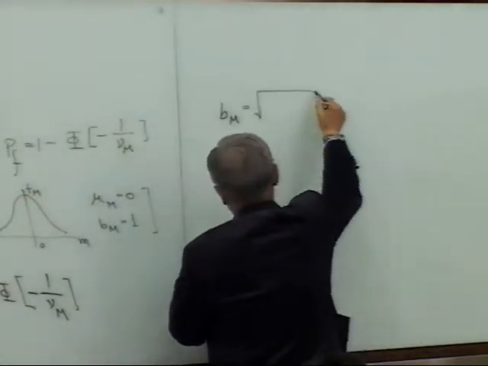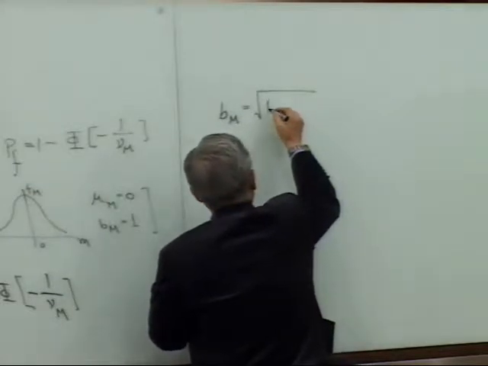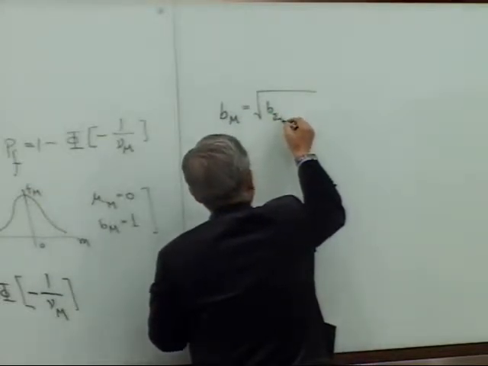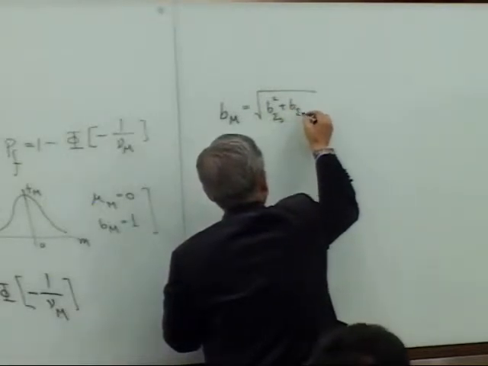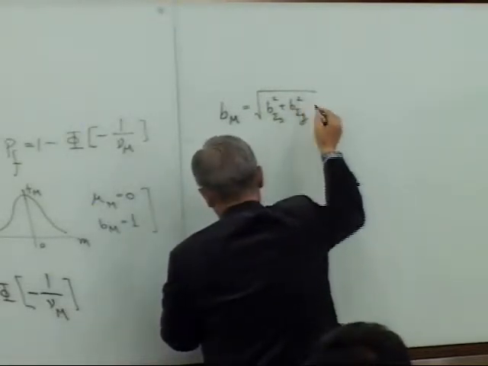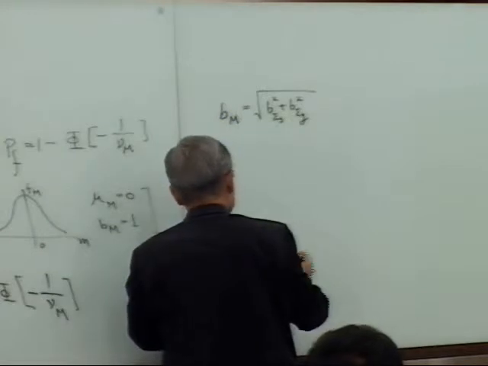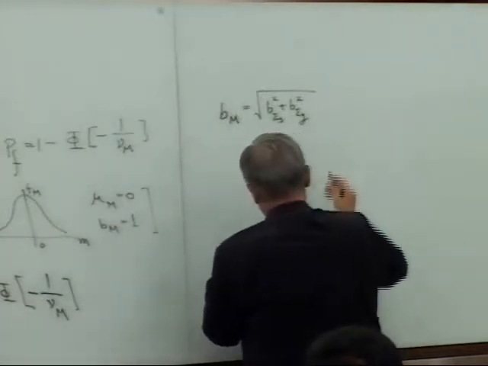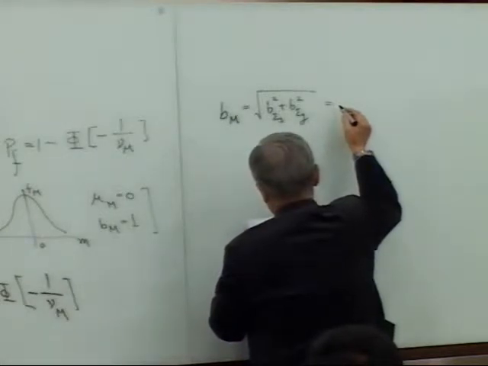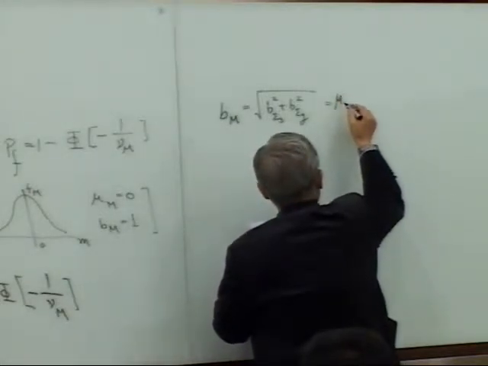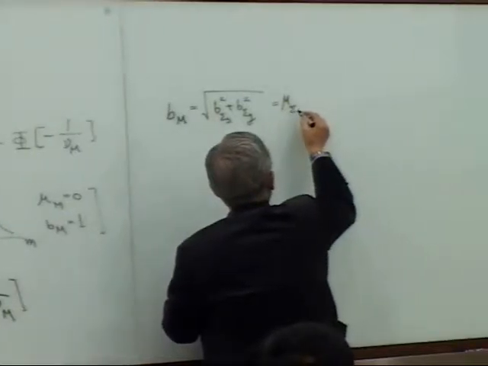Of course, this is the square root of sigma_S squared plus sigma_Y squared. Then I'm going to just use a couple more lines for this.